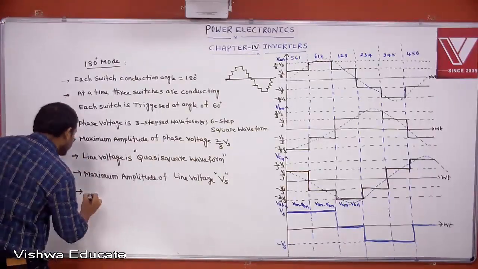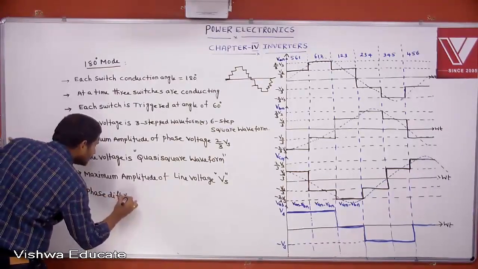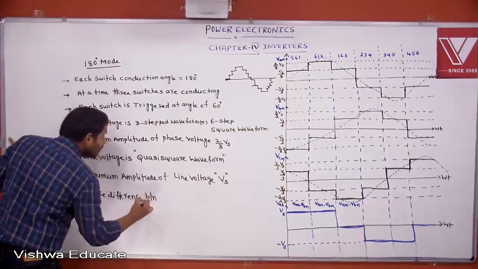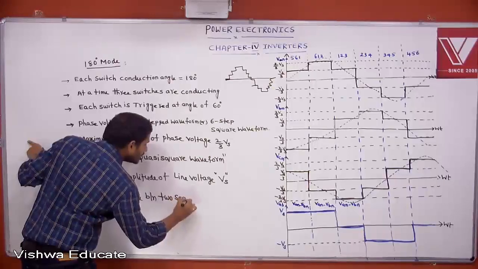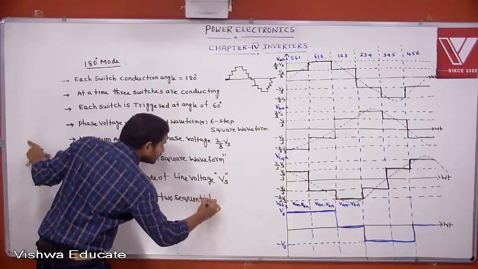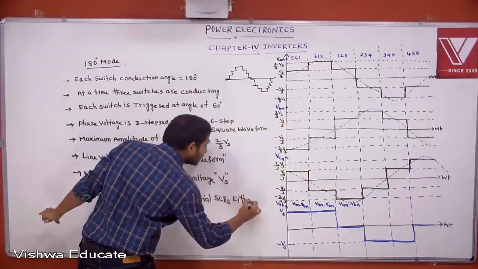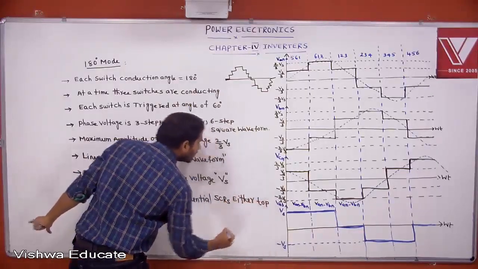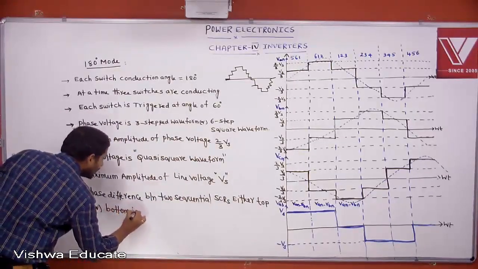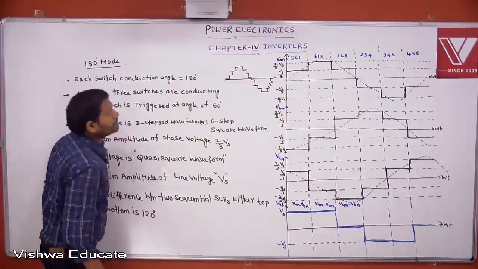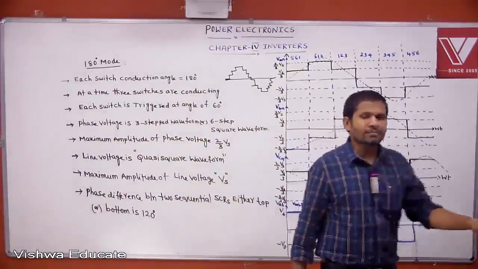Phase difference between two sequential SCRs, either top or bottom, is how many degrees? 120 degrees.